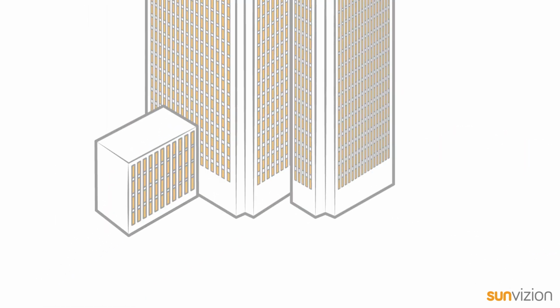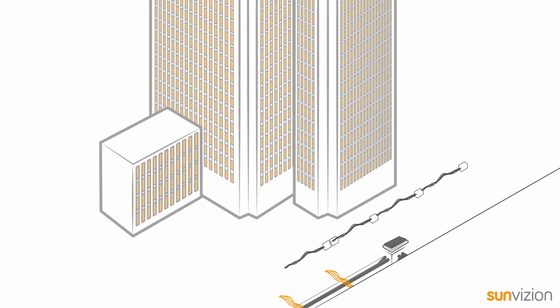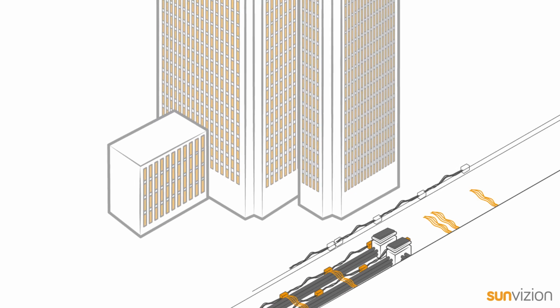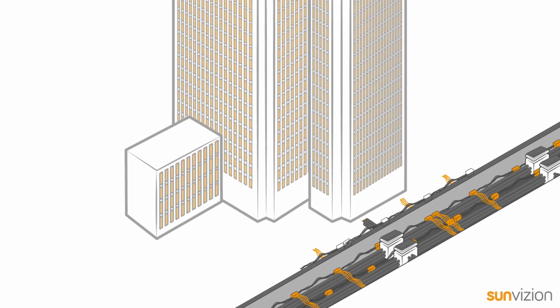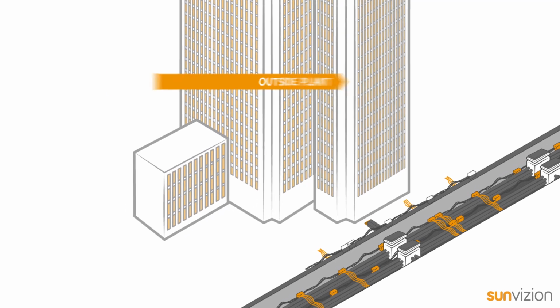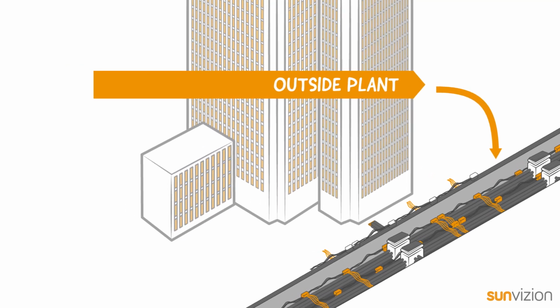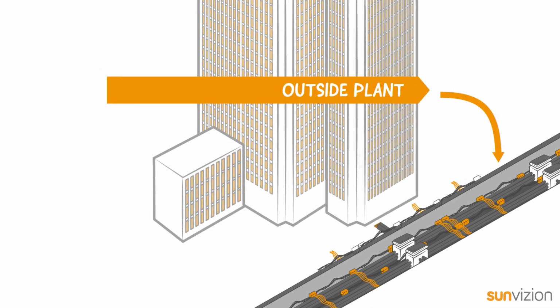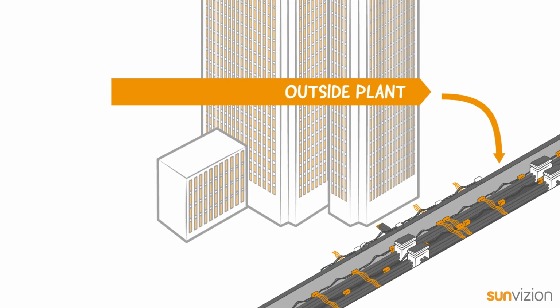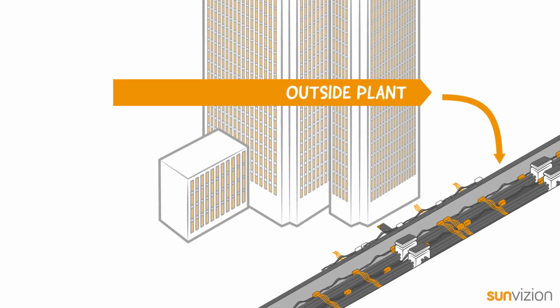Passive inventory types include cables, joints, underground ducts, manholes, connectors, towers and poles, patch panels, and splitters. Since most passive inventory is located outside, most, but not all examples, fall into the subcategory known as outside plant.